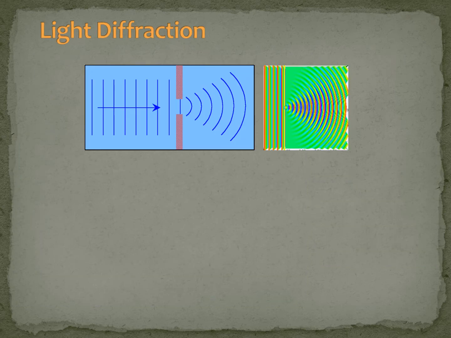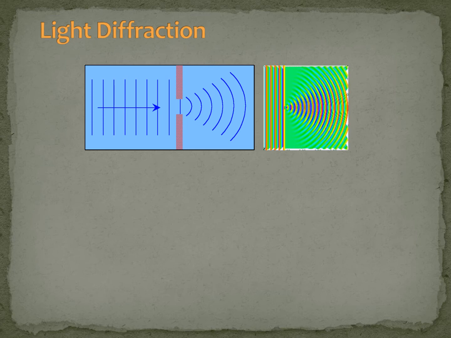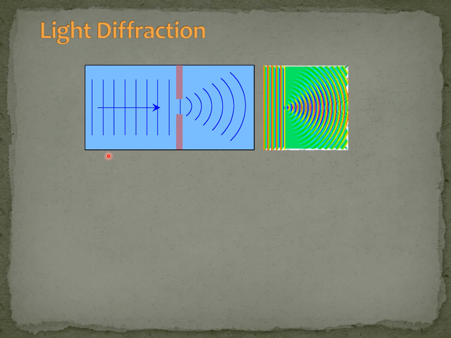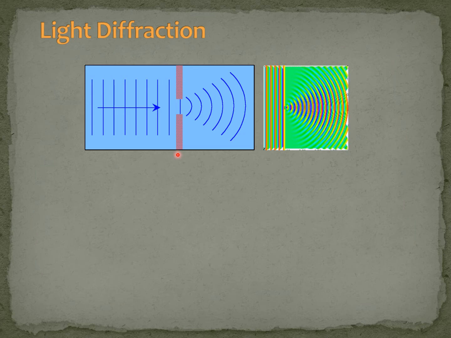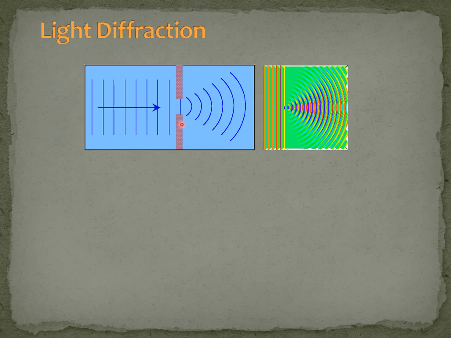And why is that? Why is there a limit to the resolving power? What's the physics behind all this? So there's another characteristic of light that we haven't mentioned yet, which is that light diffracts around corners.